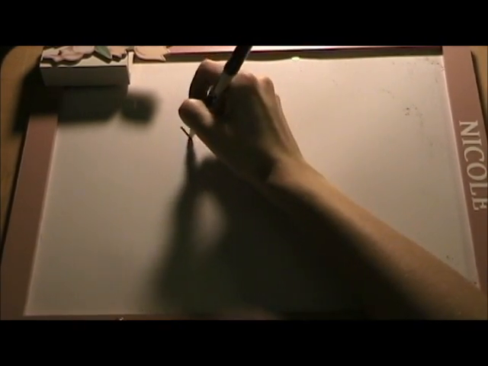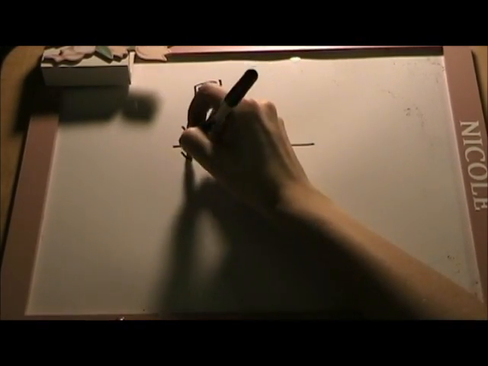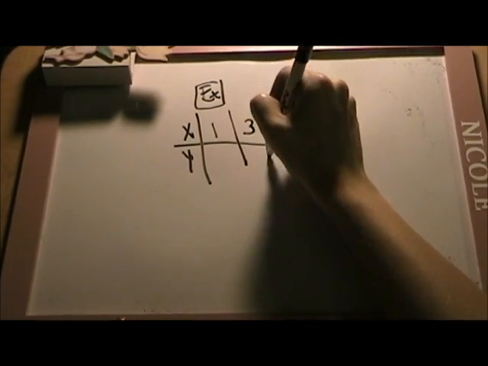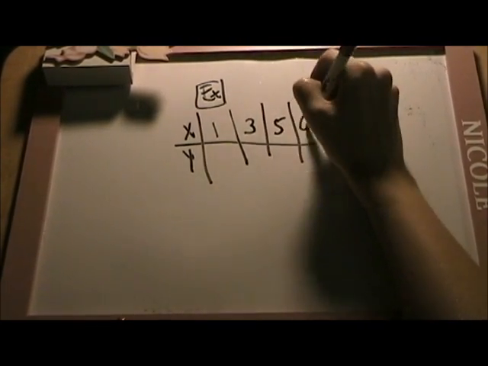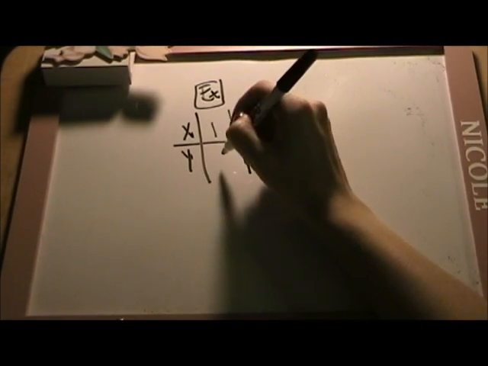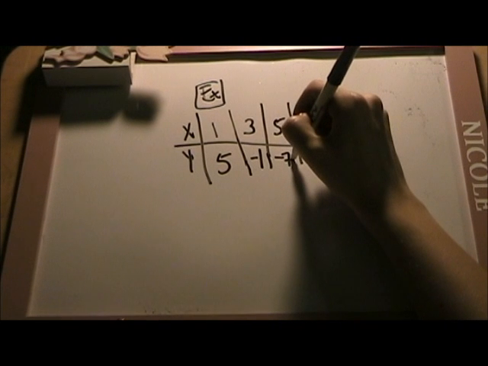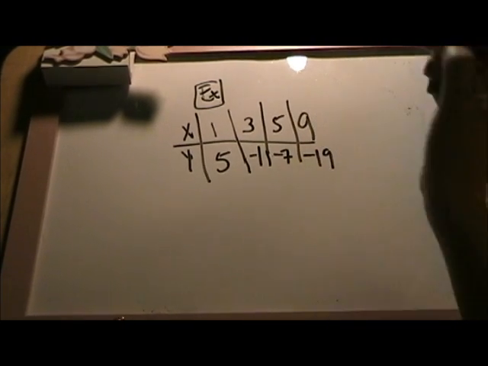You can also tell whether or not something is linear or nonlinear by looking at the points and comparing slope. So for example, if I have points 1, 3, 5, 9, corresponding y values 5, -1, -7, -19.